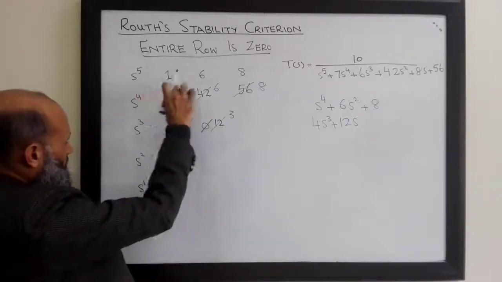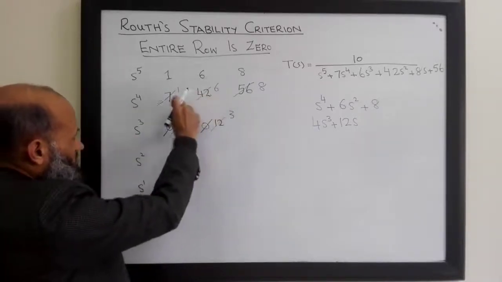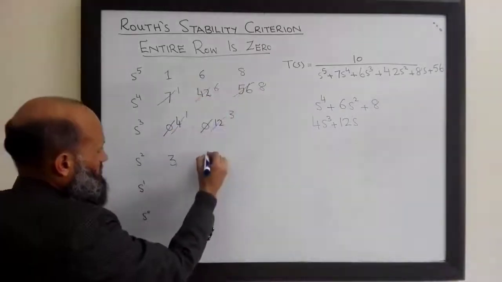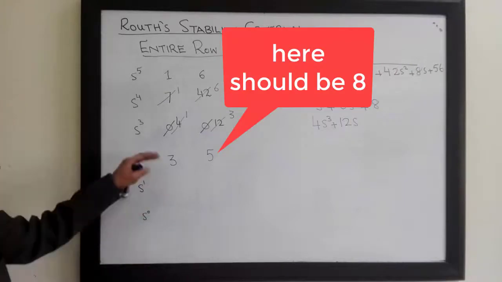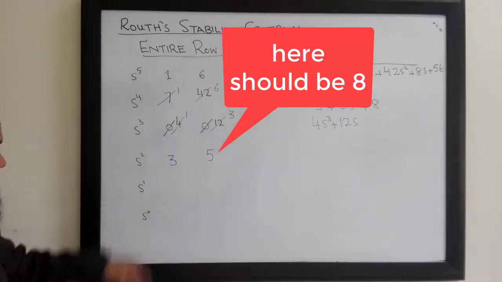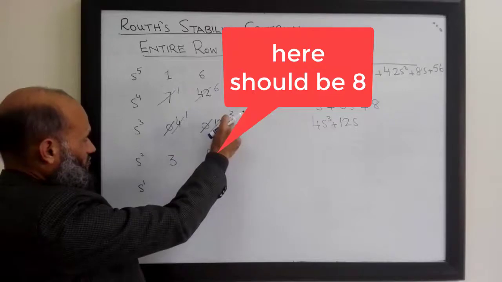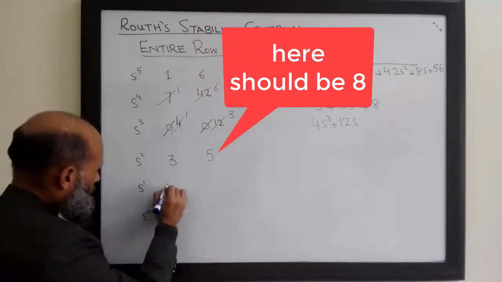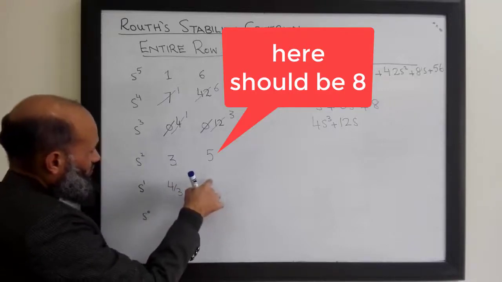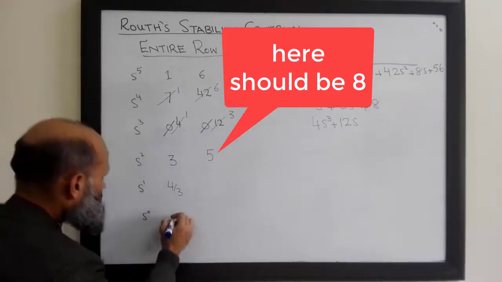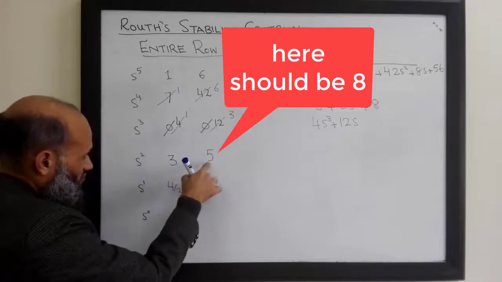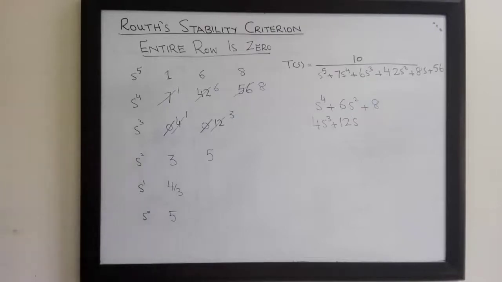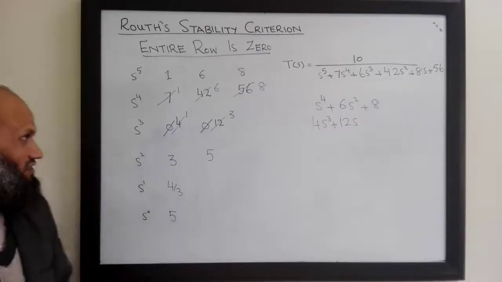Here this row will now be constructed from these two rows. 6 minus 3 divided by 1 is 3, 8 minus 3 is 5, and then we continue in the same way. 3 multiplied by 3 is 9, minus 5 is 4 by 3 over here, and 0 over here. Then what do we get for this, 4 by 3 multiplied by 5 divided by 4 by 3 is 5. We have constructed the Routh table.